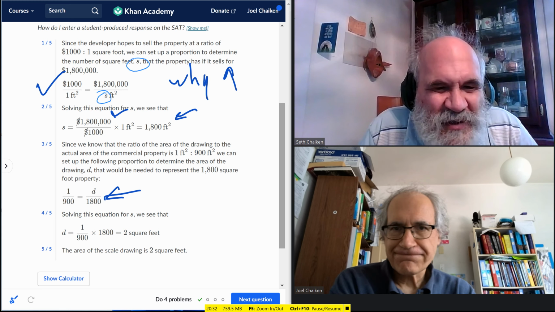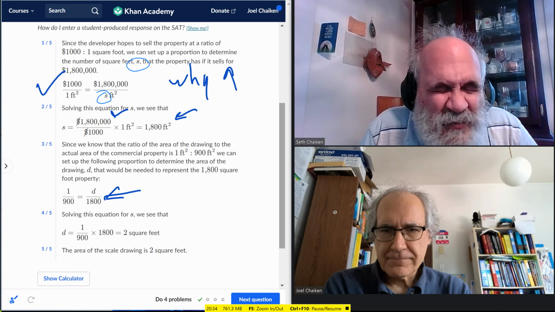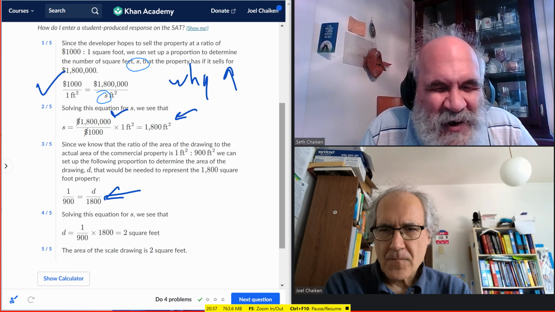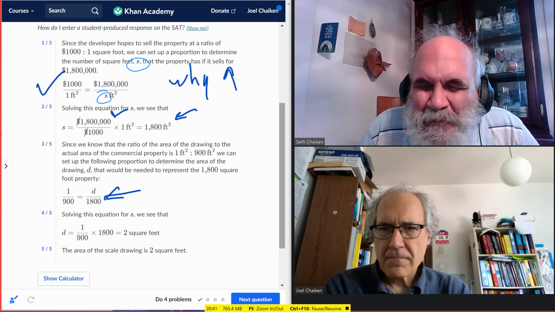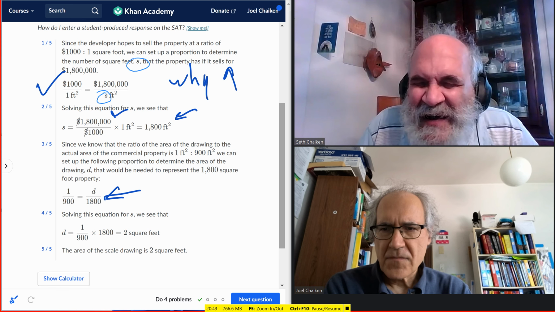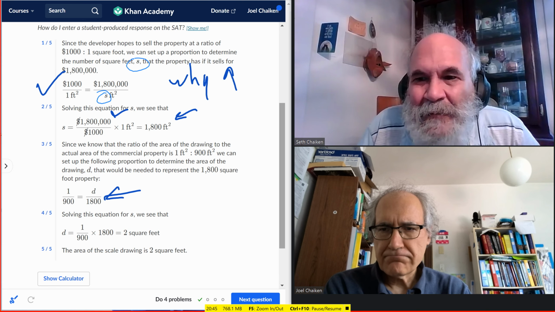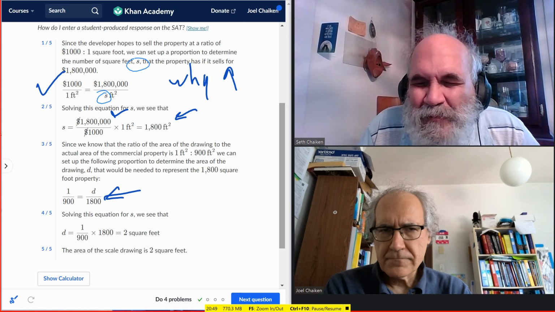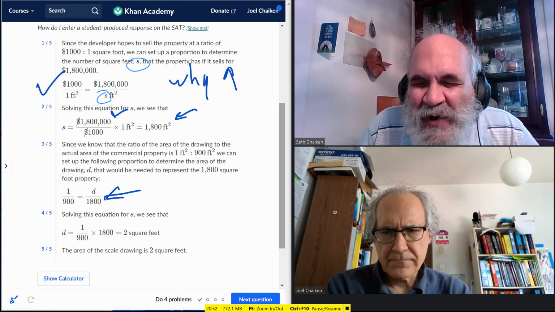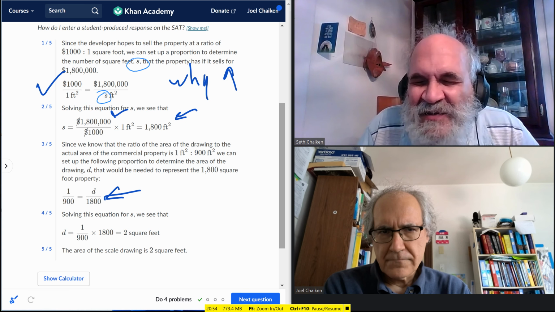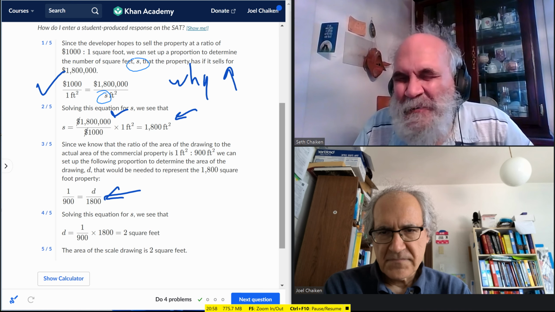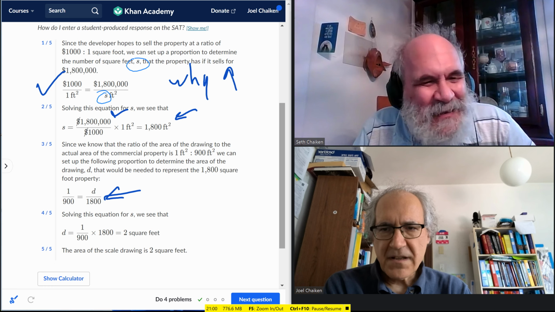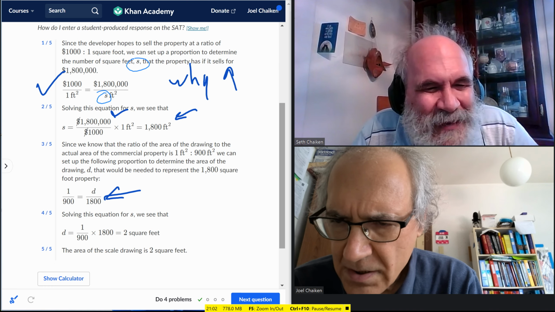The formal units are square feet per square feet, which is a pure ratio, because it's a ratio of areas. The ratio of two areas is independent of the units used to represent the areas.